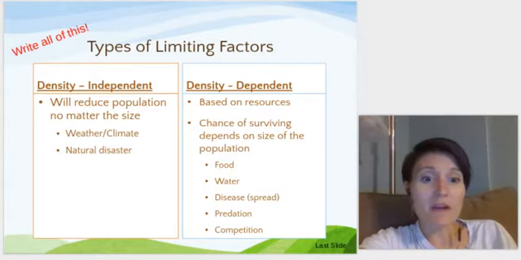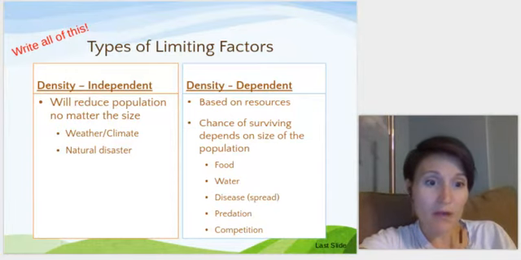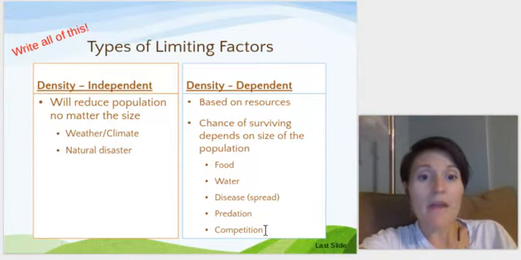Disease spreads very quickly. Predation, so if there's a lot more predators, that's going to affect the prey population a lot. And then also competition. Competition increases due to food and water being scarce. And competition, as we will see later, always decreases both populations because it makes it harder to survive.